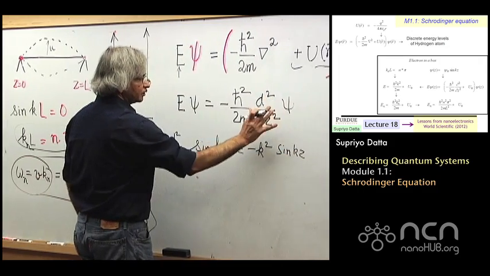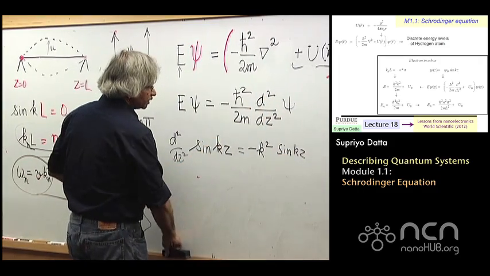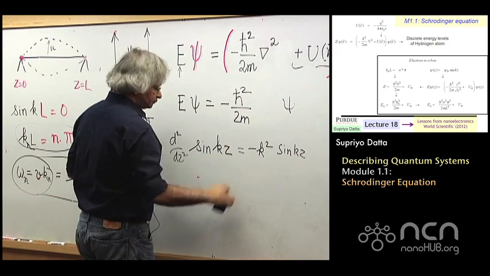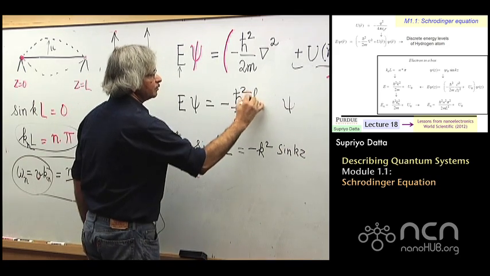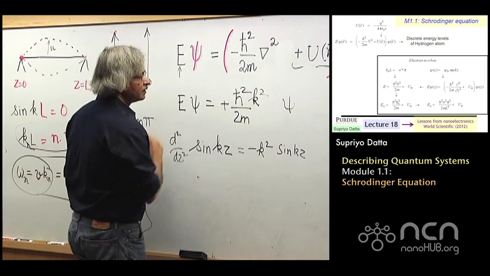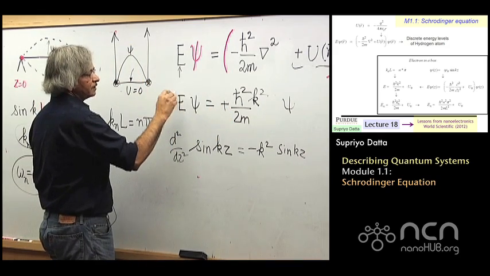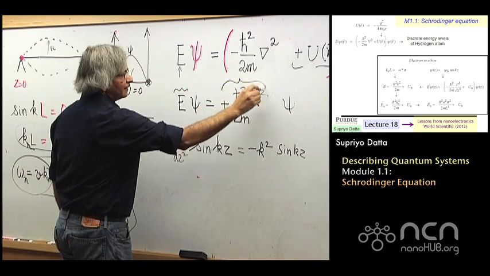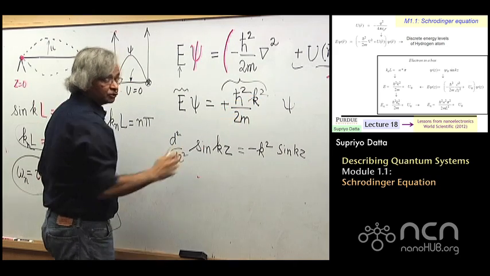So instead of this, I could put minus k squared, and I'll take off the minus. So now you can see E is equal to h bar squared k squared over 2m.